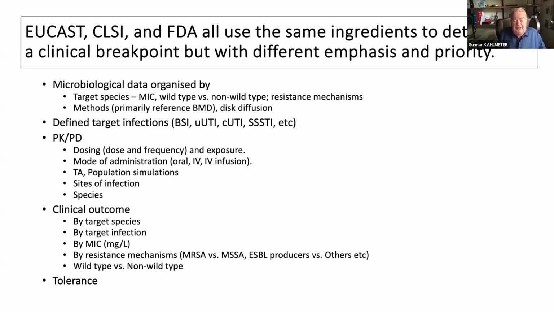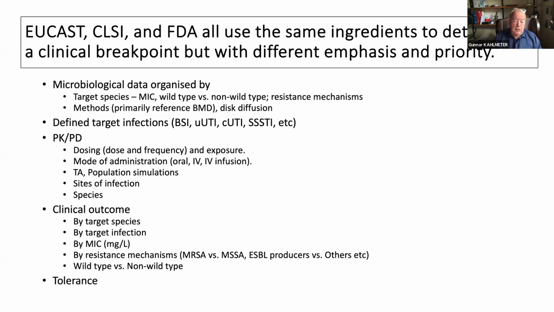It is completely different to develop breakpoints for an agent which is only going to be used for banal urinary tract infections, compared to developing breakpoints for an agent which will be used both for banal urinary tract infections and bloodstream infections. And it would be highly unlikely that the breakpoints would be exactly the same for a urinary tract infection and for a bloodstream infection.